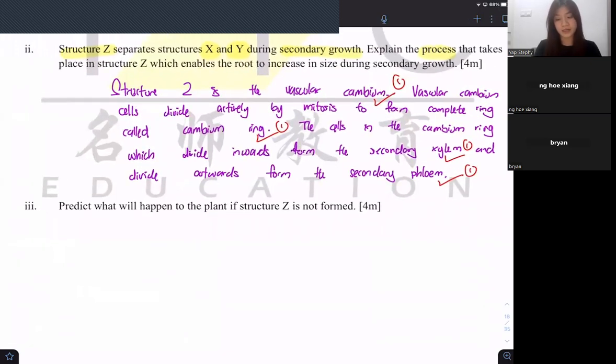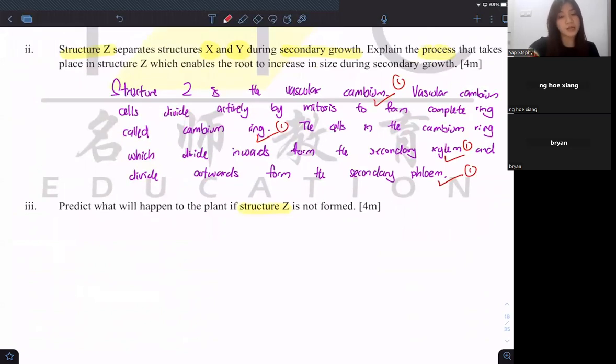Next, predict what will happen to the plant if structure Z is not formed. If the vascular cambium does not form, then you cannot undergo mitosis, so you cannot produce secondary tissue.